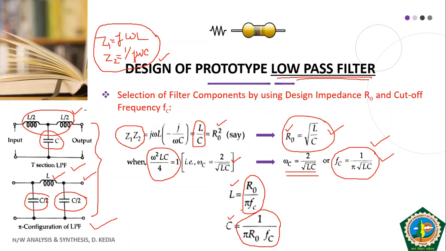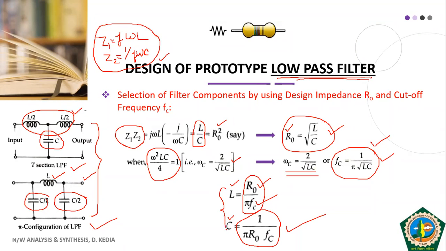In a numerical or a problem, you will be asked to design a filter with this much design impedance and this much cutoff frequency, say a low pass filter. Then you will simply substitute the values of R naught and FC, apply this formula, and find out L. Similarly, by applying the other formula, you will find out C.